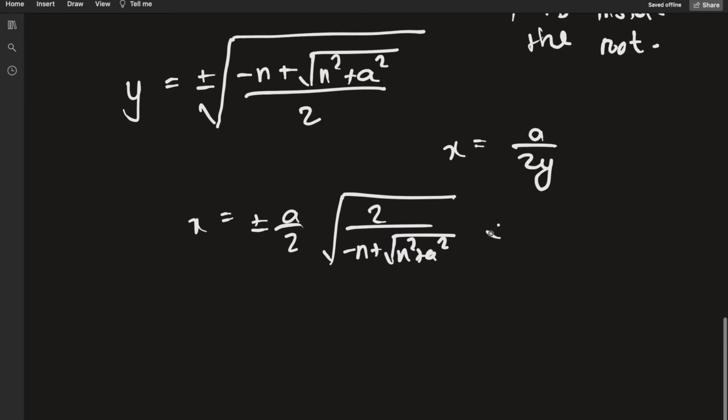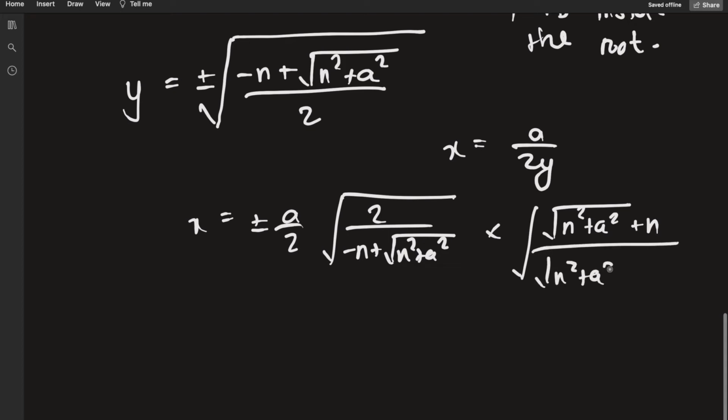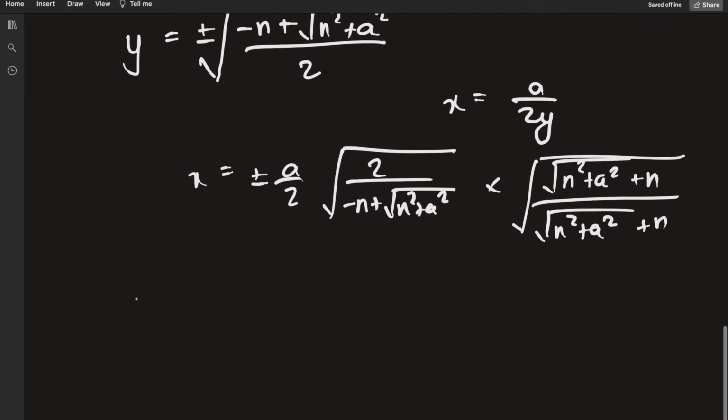Now I would like to sort of rationalize the denominator in this case. So we multiply by square root of n squared plus a squared plus n over square root of n squared plus a squared plus n. And this is useful because we can use the difference of squares identity on the denominator here and convert it into something that's a little more acceptable.